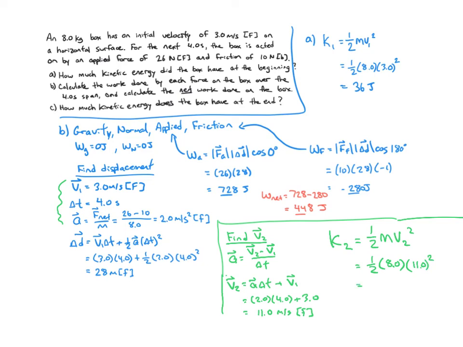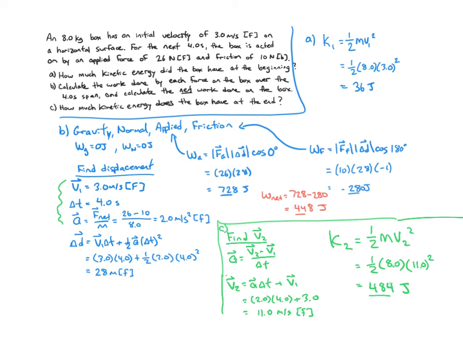Square that. And I get 484 to 2 sig figs. Okay, so those are the answers to the three parts.